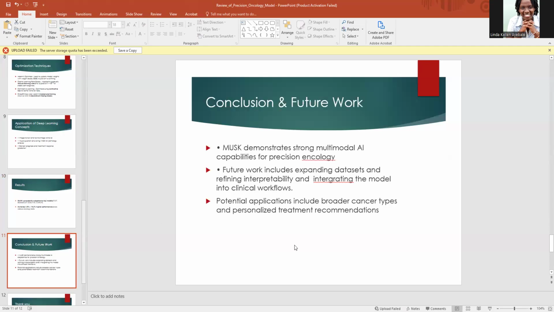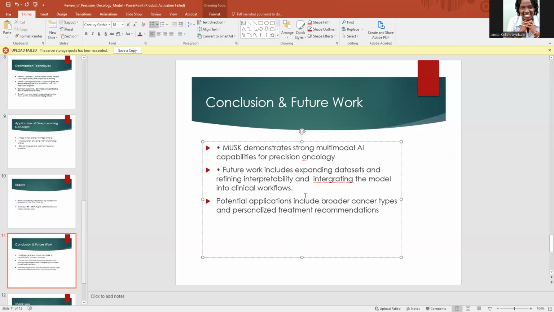In conclusion, MASK demonstrates strong multimodal AI capabilities for precision oncology. In the future, the paper talks about expanding data sets, refining interpretability, and integrating the model into clinical workflows.